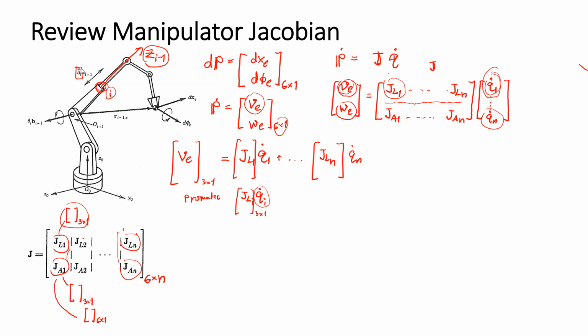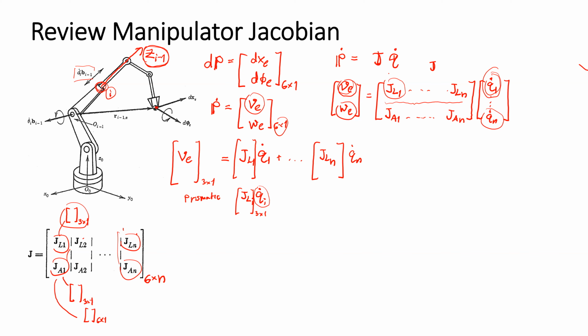how this joint speed in the direction of z(i-1) affects the linear velocity at the endpoint.